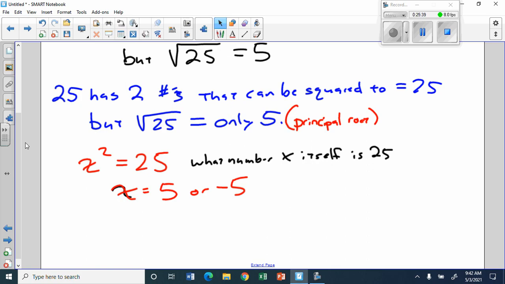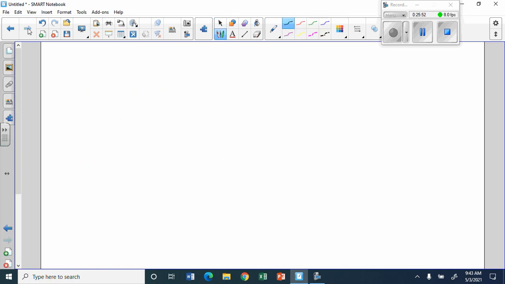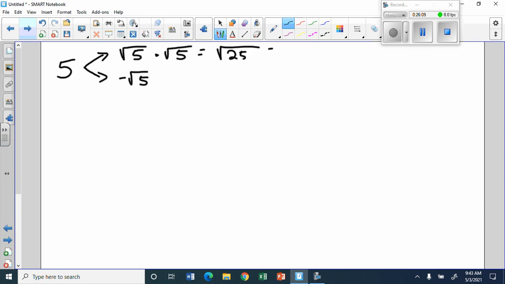So looking at example number 4, it says, what are the 2 square roots of 5? Now 5 is not a perfect square, is it? So when we look at 5, the square root of 5 and the negative square root of 5. Square root of 5 times square root of 5 equals the square root of 25, which is 5.